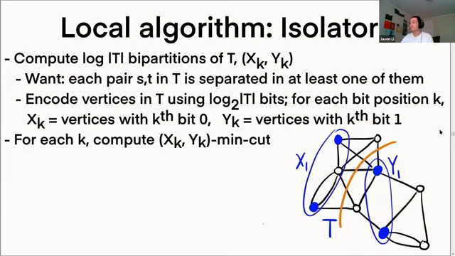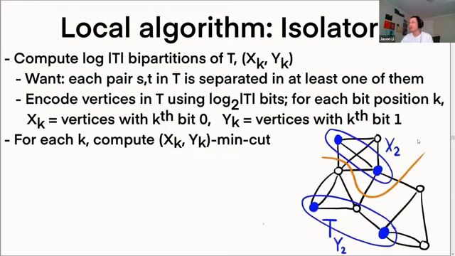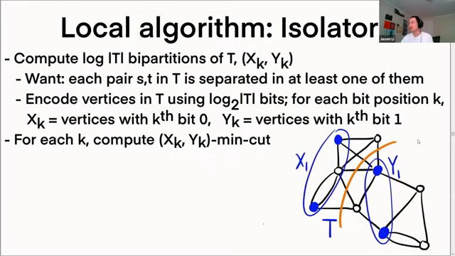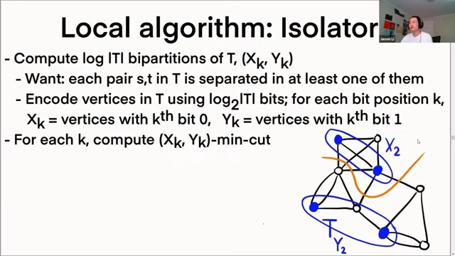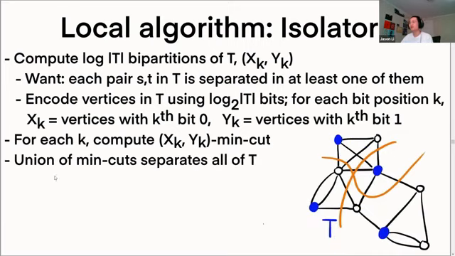Then for each such bipartition, we compute the min cut separating xk and yk. This is the min cut such that all vertices in xk are on one side and all vertices in yk on the other side. So these are the min cuts for x1, y1, and x2, y2. Finally, let's take the union of all the edges in the min cuts.